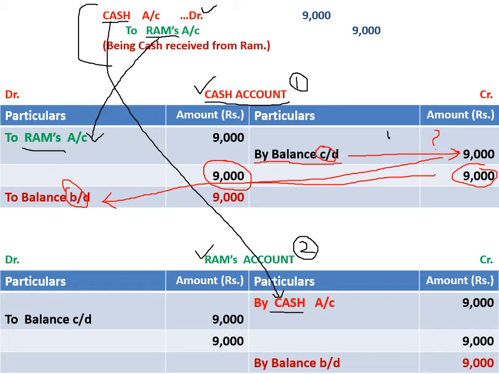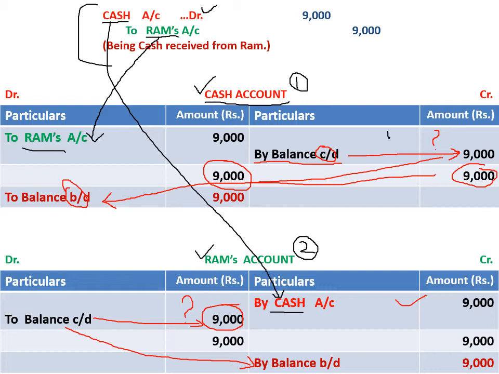In the Ram account, there is only a cash balance of 9,000. There is nothing on the debit side. So we find out a balancing figure of 9,000, written as balance c/d amount 9,000, and balance c/d is again transferred to the opposite side as balance brought down. So this is the system of recording a journal entry into ledger.